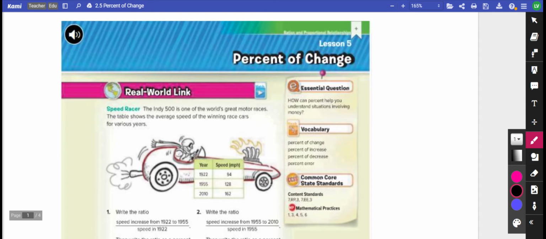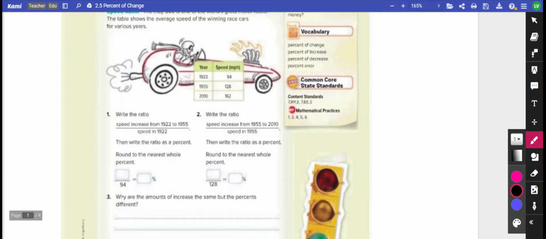That's 128 minus 94, which gives me 34. So the speed increase from 1922 to 1955 is 34 miles per hour out of the original speed of 94 miles per hour. When I take 34 divided by 94, that gives me about 36%.